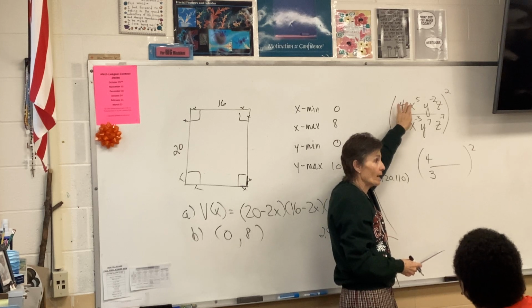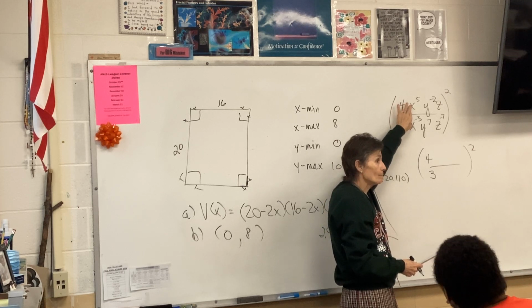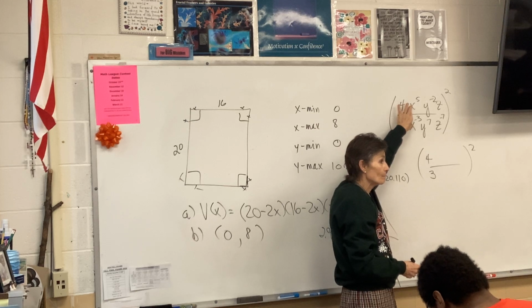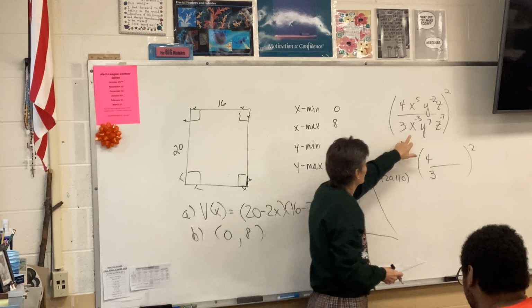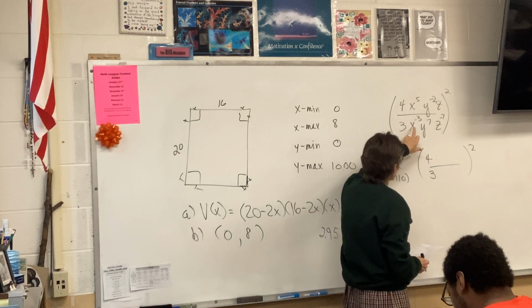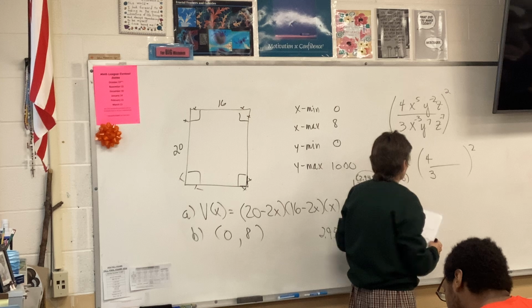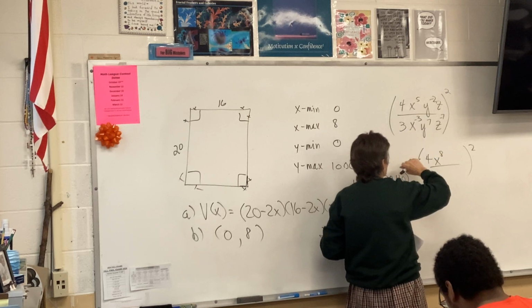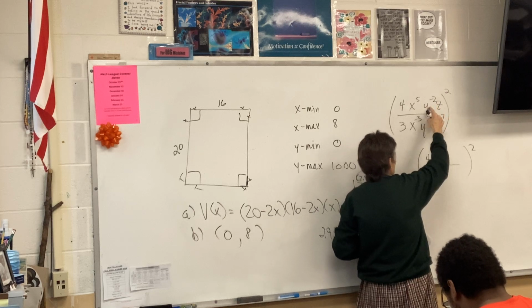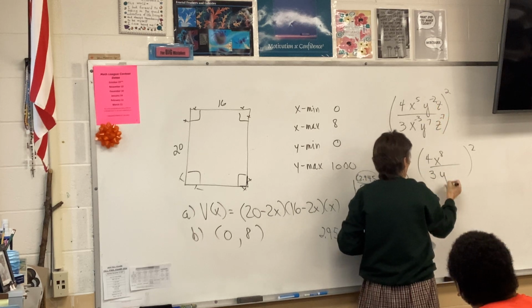The 3 is going up. Like the denominator is supposed to be the numerator. So this is going up. So that's going to be x to the 8th, because there's already 5 and those are coming up. Similarly, these are coming down. So y to the 9th.